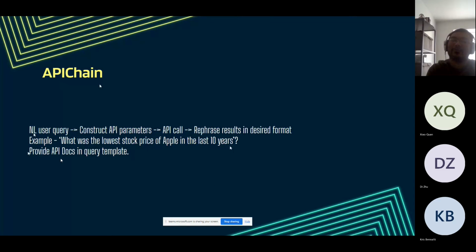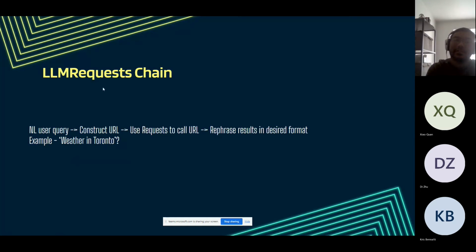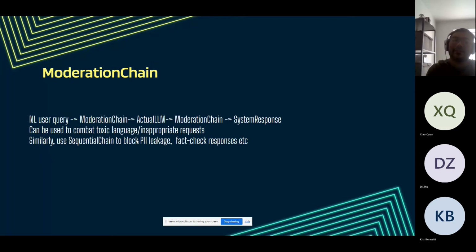Now if we put the API docs in the query template along with our API key, you can actually get the result. There is also the LLM request chain. If you want to just browse the web and get an answer, you construct a particular URL and use the requests library to call the URL. For example, if I just want the weather in Toronto, I can get that answer.